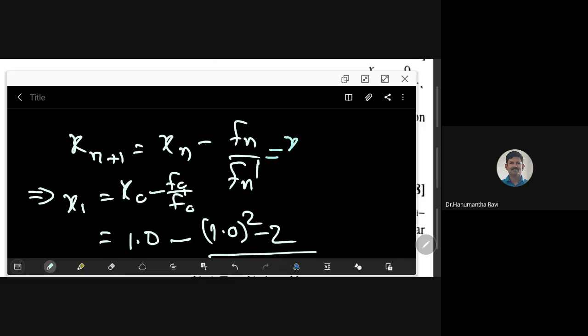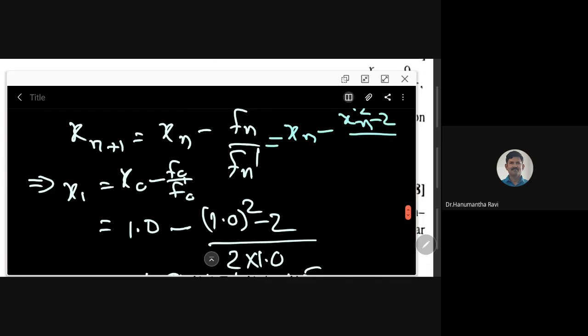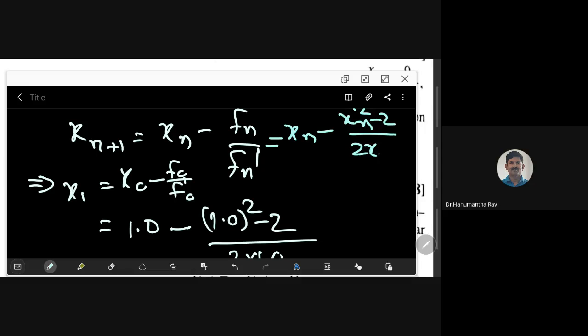Xn minus, what is fn here? Fn is xn square minus 2, and f dash is 2 into xn. So this is coming as (2xn square minus xn square plus 2) by 2xn, which is (xn square plus 2) by 2xn.